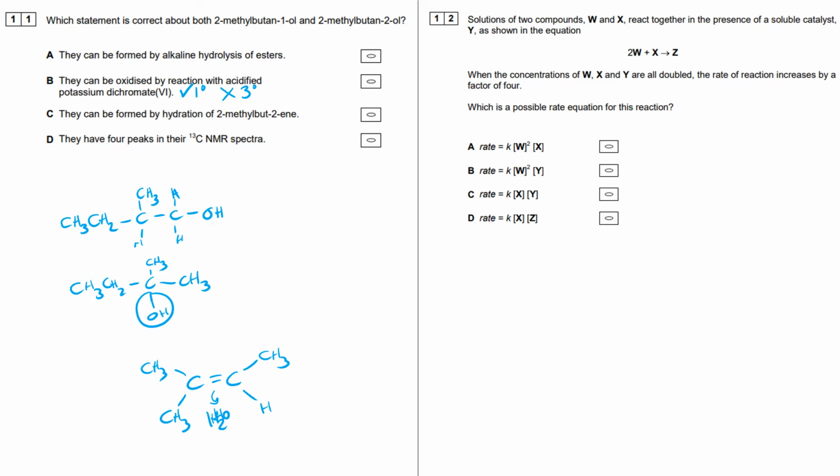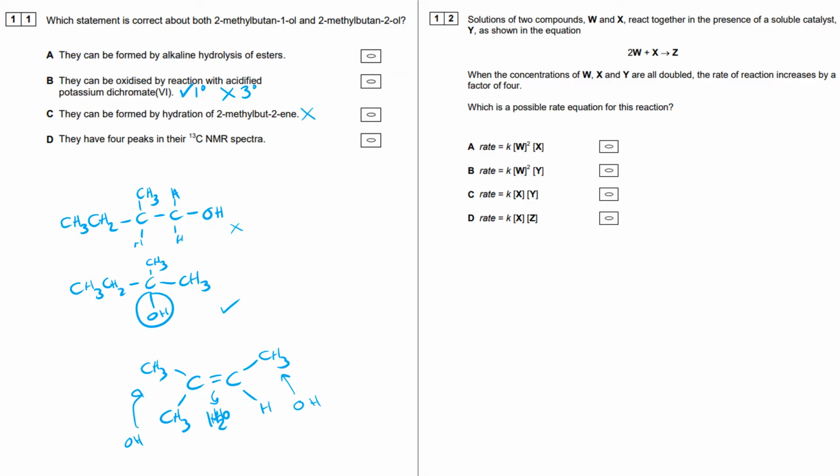So you could form butan-2-ol, but you could not form butan-1-ol, because you're not going to be able to get an OH group on either of the end carbons. So option C is incorrect, because you cannot form 2-methyl-butan-1-ol.